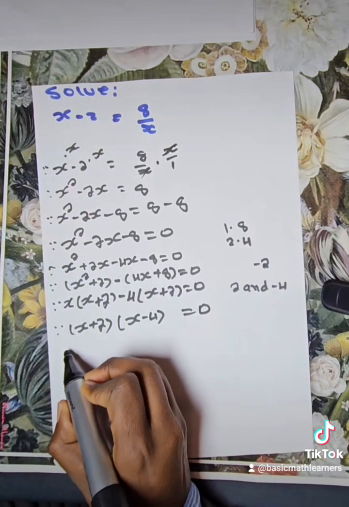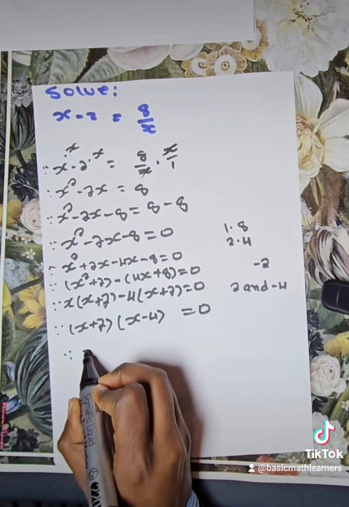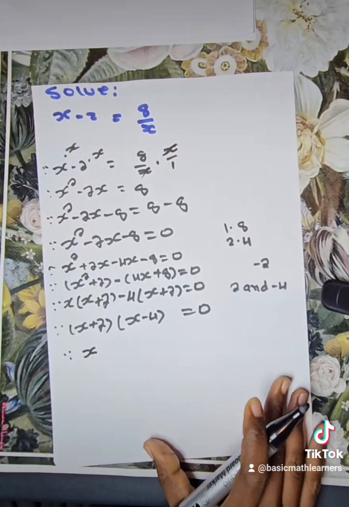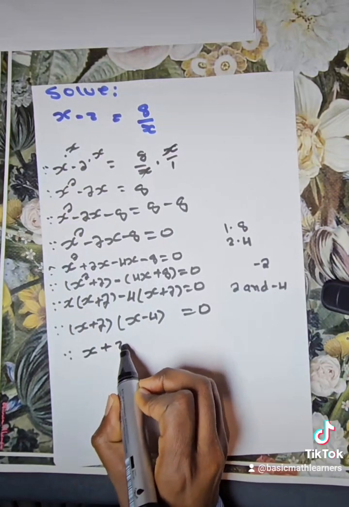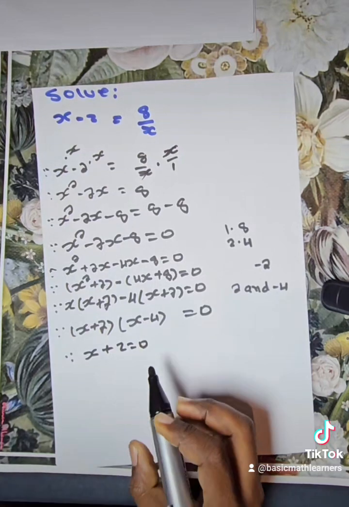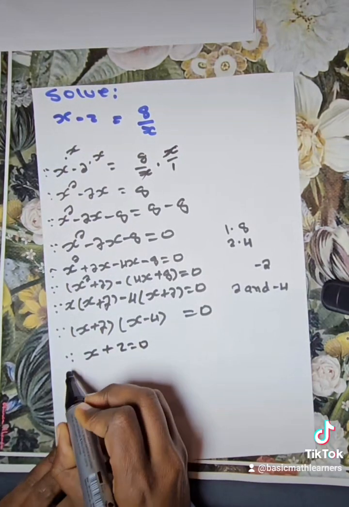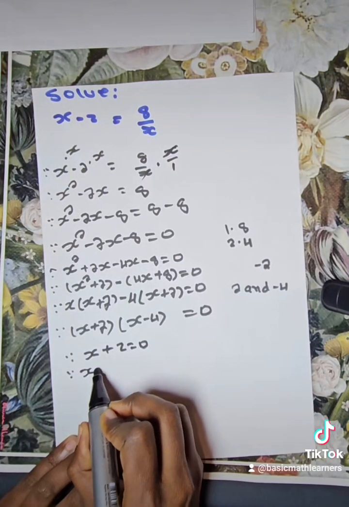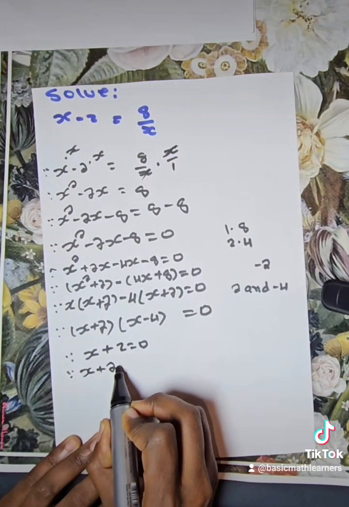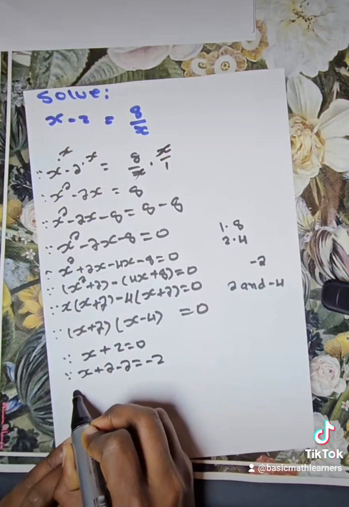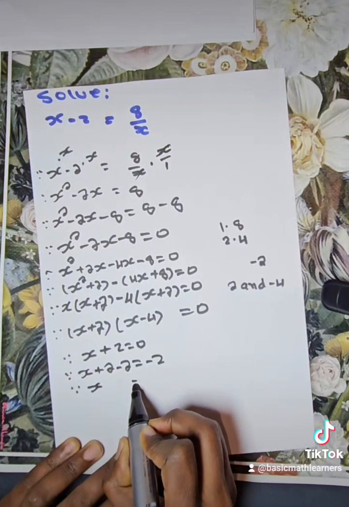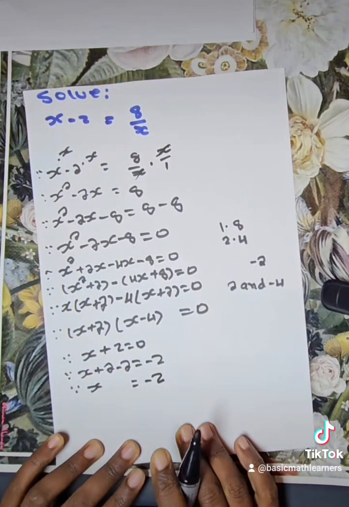Now put each factor equal to 0 in order to solve for x. So let's say x plus 2 equal to 0. Now we need to get rid of the plus 2. And how? We subtract 2 from both sides. This simplifies to x equals -2.